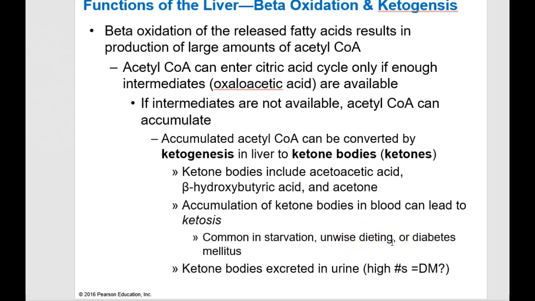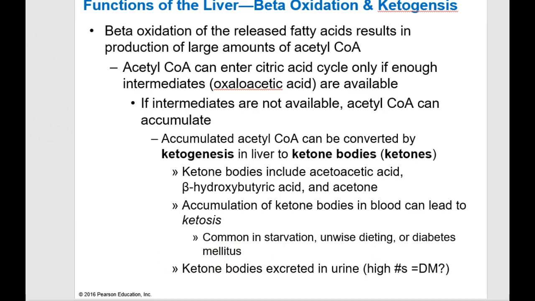Unwise dieting would be potentially things like the Atkins diet when it's not done properly, as in, eating a pound of bacon and a dozen eggs rather than eating high protein, low fat, low sugar extras in the diet, or again, in the case of uncontrolled diabetes mellitus.